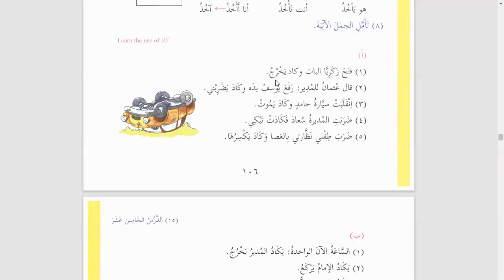Kada is for the past, so we will not translate it into present. It will be translated into past. So he was about to leave or he almost left, because it is the use of kada. فتح زكريا الباب وكاد يخرج. Zakaria opened the door and he almost left. Okay, number 2.